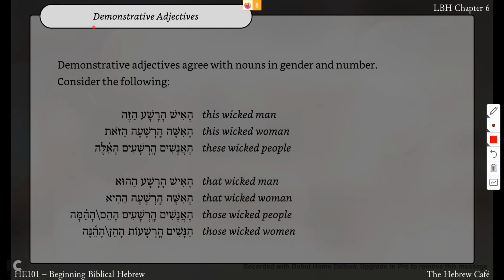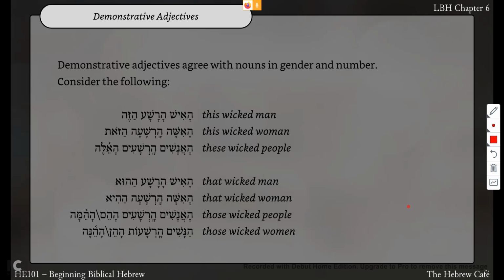So we're going to add demonstrative adjectives to the mix. In Hebrew, demonstrative adjective and a demonstrative pronoun is going to be the same thing. Adjective and pronoun is just when it's substantivalized, it is a pronoun. Like you can say, this is the man. Ze ha'ish, this is the man.